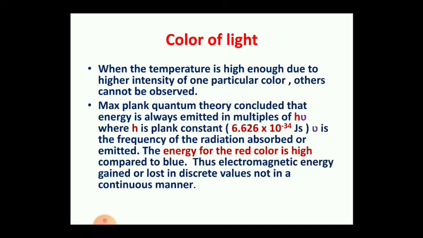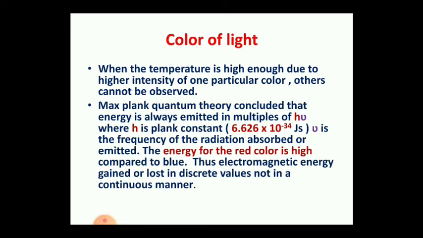When the electron comes to the lower level from a higher level, it emits the energy with a certain frequency. The energy with the same frequency is required to jump to the second level from the first level.